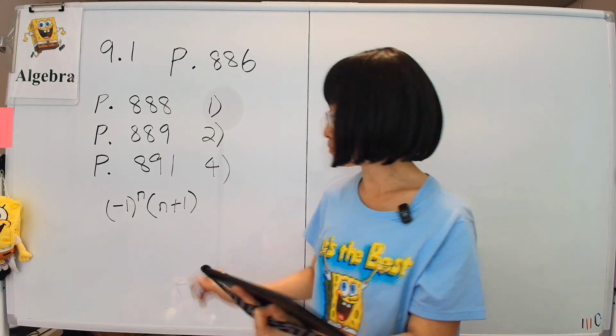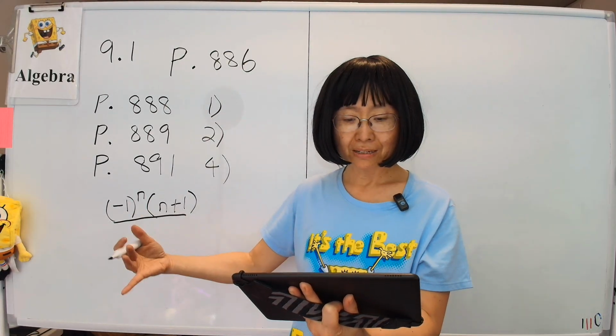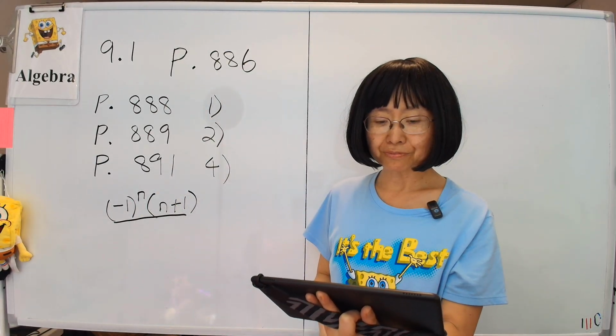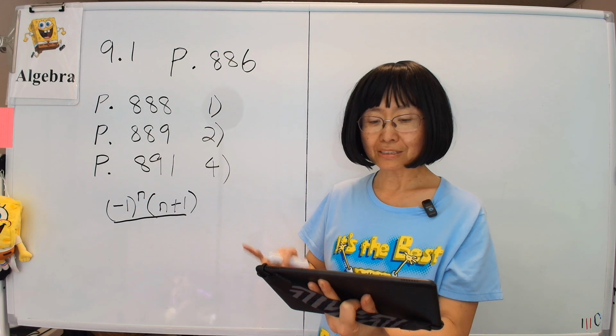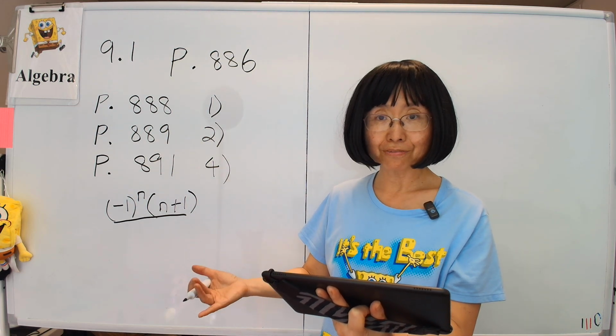And then what is on the bottom? On the bottom, we start at 11, and then go up by 2, right? So when n is 1 it's 11, when n is 2 it's 13, and when n is 3 it's 15.